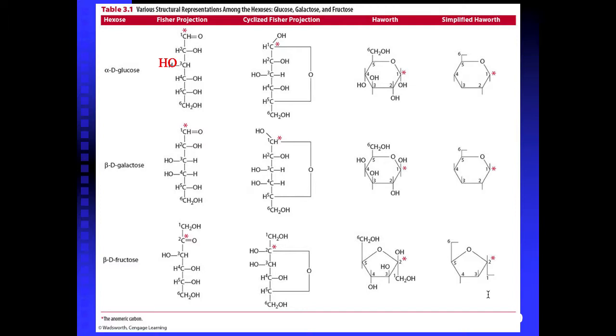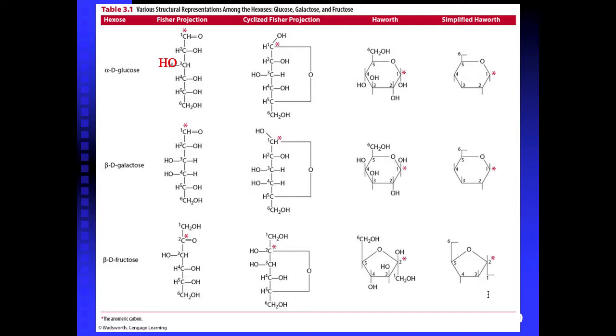Carbon number 2. And remember that it's the anomeric carbon that can have its hydroxyl group up or down. So in other words, this is beta because the hydroxyl group on carbon number 2 is up. No one got that?